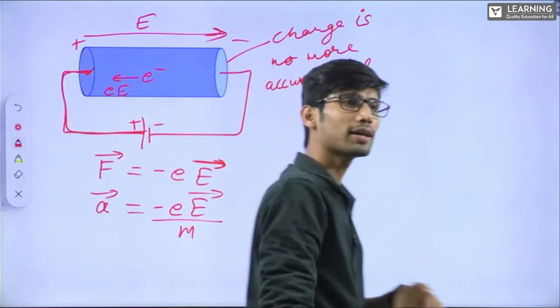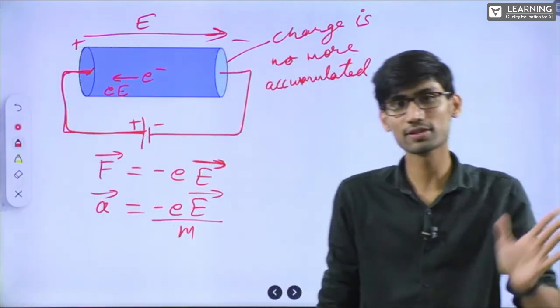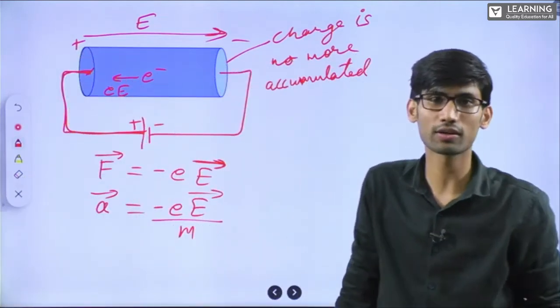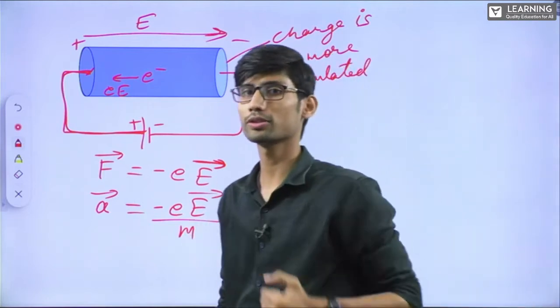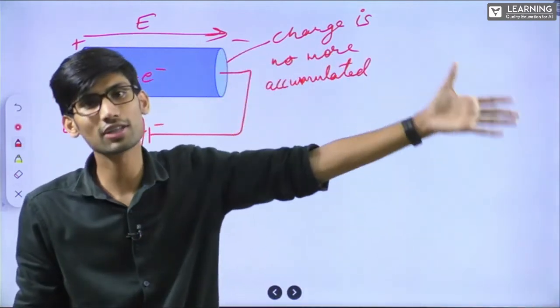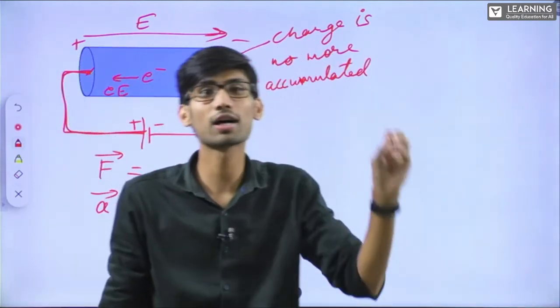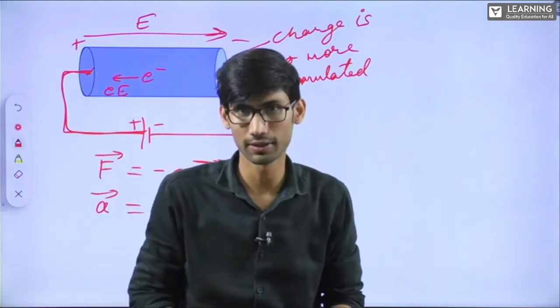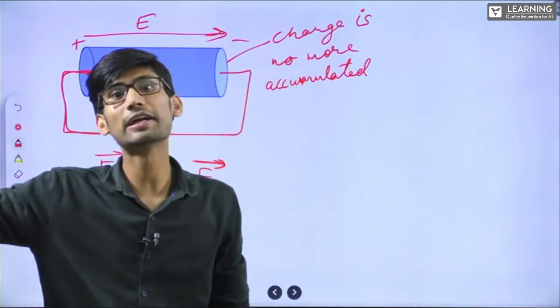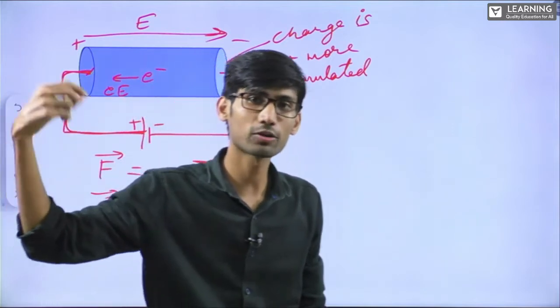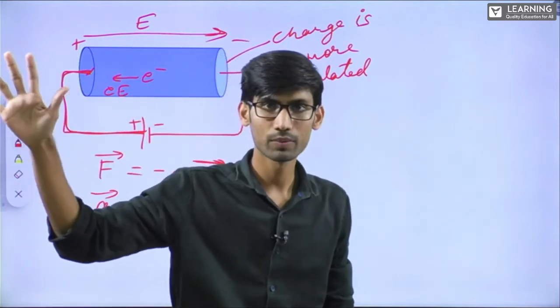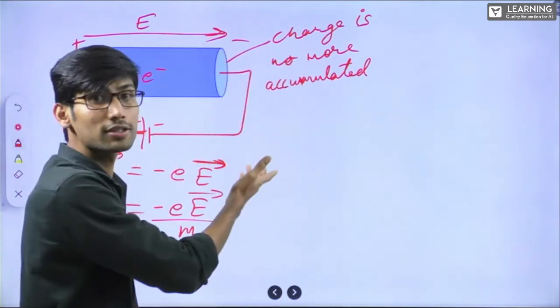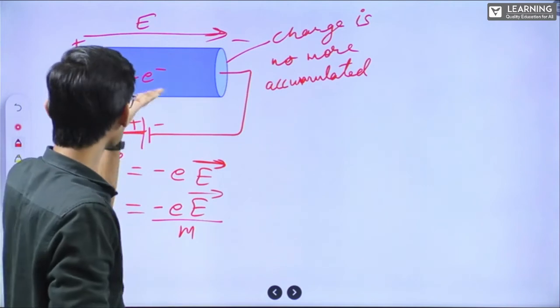I told you in the very first lecture, when I said we'll be studying electrodynamics in 12th standard, first we'll study charge at rest, that is electrostatics, then charge in motion with constant velocity, that is electricity. Then we'll see accelerated charge, that will be electromagnetism, electromagnetic waves and all those things. But here we are studying electricity and the charge is moving with acceleration.